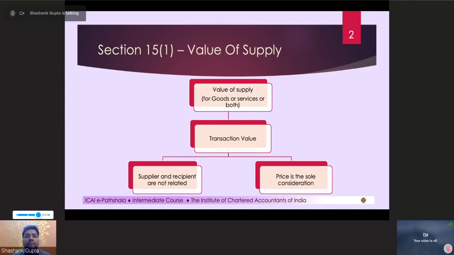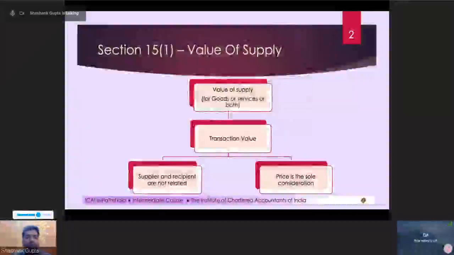I provide services to Hindustan Unilever for suppose 1 lakh rupees. The same services I provide to some X Limited for 1,000 rupees. Same services I provide to my relative free of cost. The same services I provide to an international entity at 10 lakh rupees.